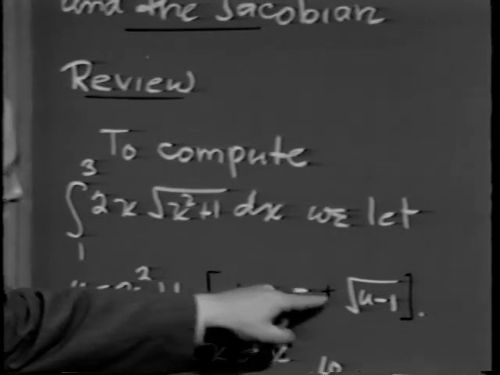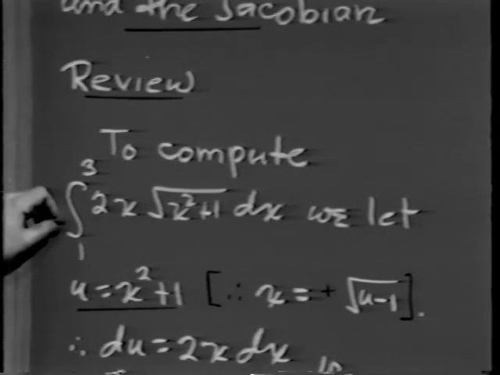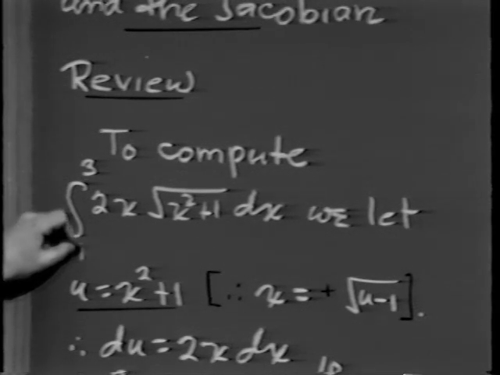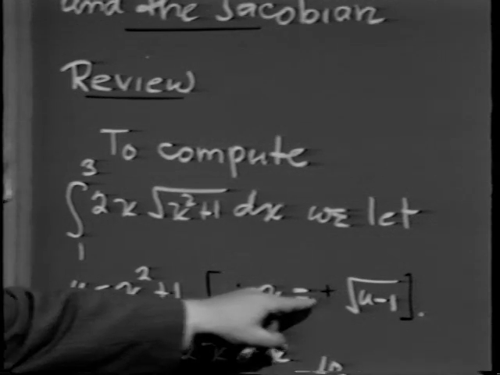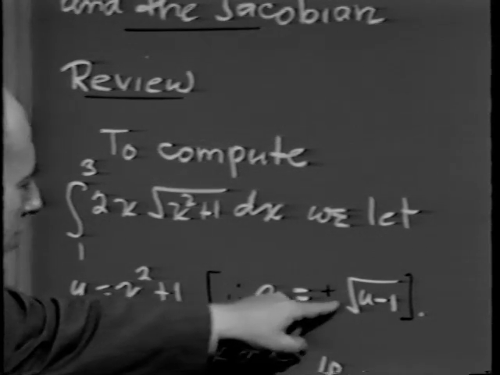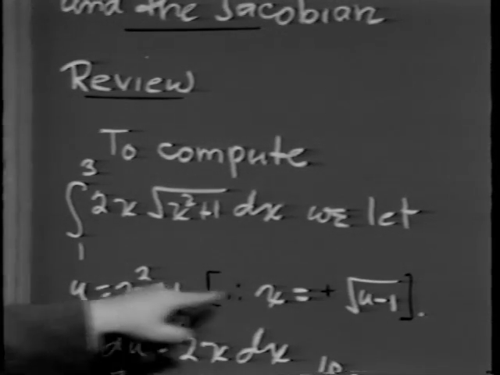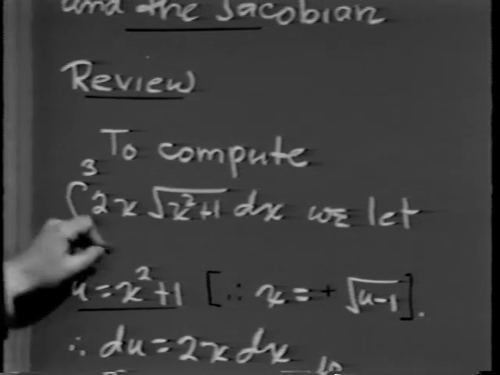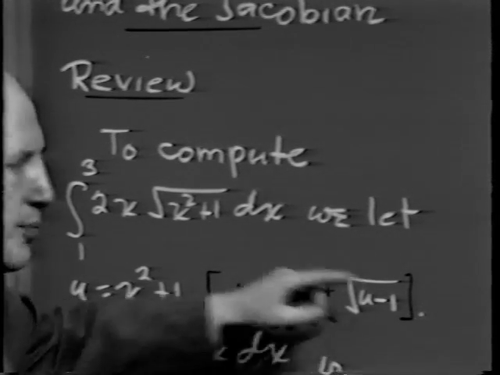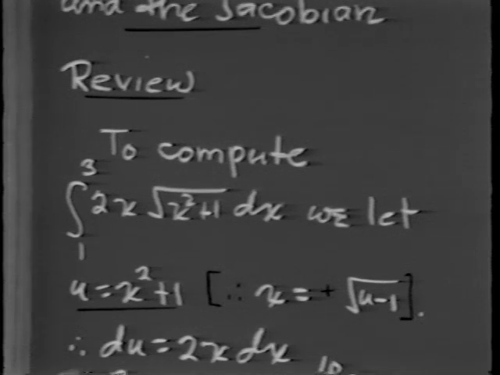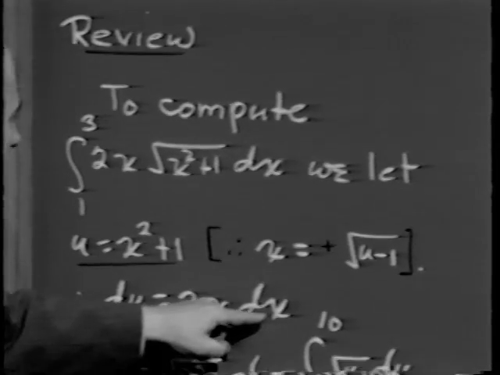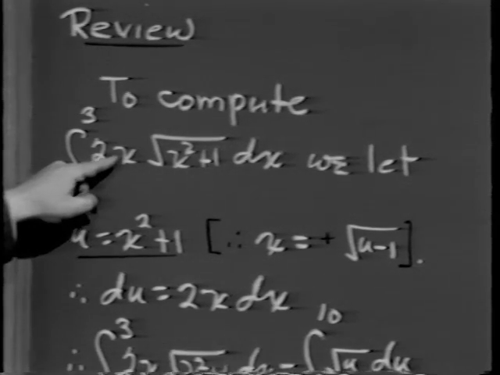See, a square root is usually double valued. But notice that with the restriction that x must be on the interval from 1 through 3, x cannot be negative, and therefore we certainly can assume that locally, meaning in the region in which we're interested, x is the positive square root of u minus 1. From this, we saw that du was 2x dx. We then went back to this equation here.